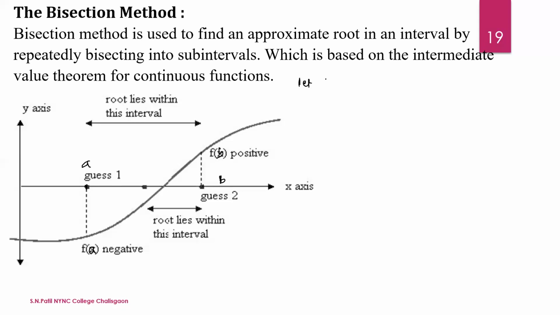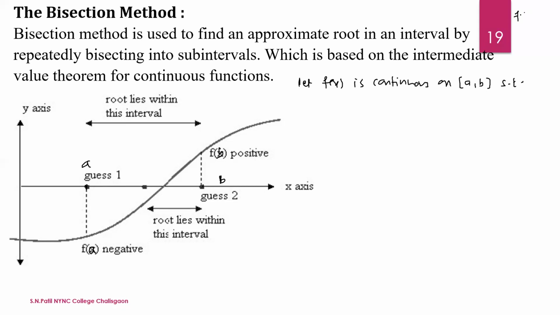Let f of x be continuous on the closed interval AB, such that f of A and f of B have opposite signs.